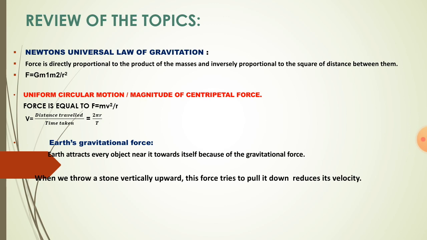Then we have seen one boy throwing a ball, and what happened? It goes up to a certain height, and then it comes back vertically downward to the earth. So when we throw a stone vertically upward, this force tries to pull it down and it reduces its velocity.